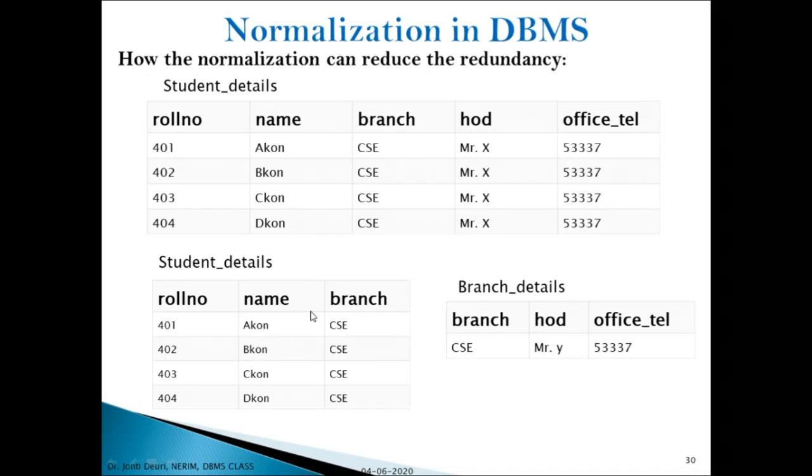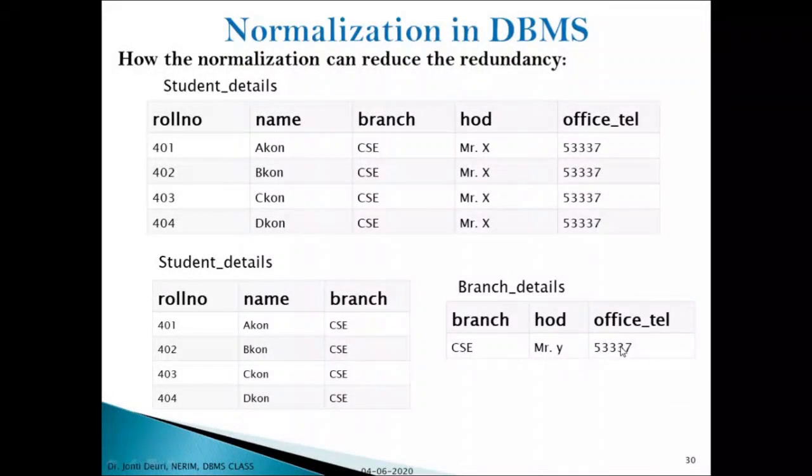So now I have separated the branch details into a separate table and the student details into another table. All the student records are in student details, and branch details is in the branch details table.